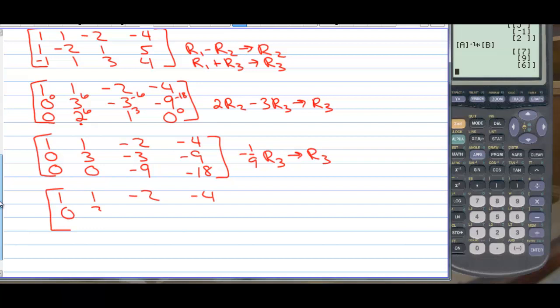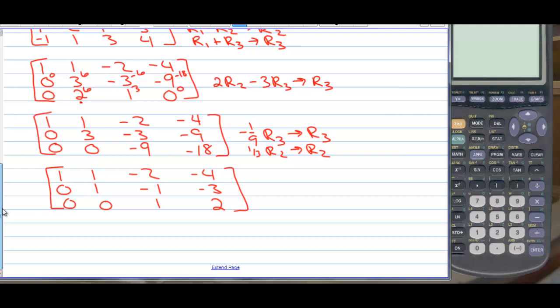We got 0, 3, negative 3. Actually, we can make things a little easier on ourselves, and not only can we do this process, but we can also take 1/3 times row 2 and replace row 2. We have 0, 1, negative 3, and then we have 0, 0, 1, 2.